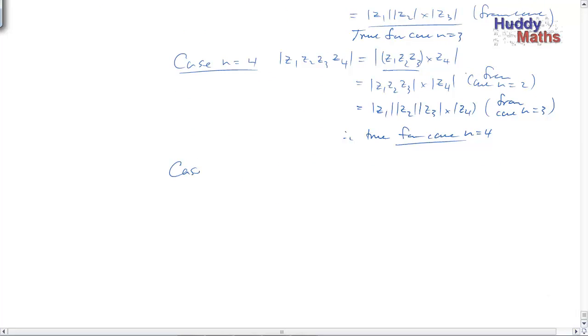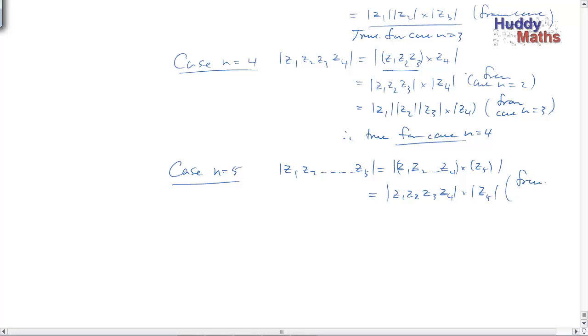We should do another inductive step. Case n equals 5. Here, Z1, Z2 up to Z5 equals again, breaking it into 2. Z1 up to Z4 times Z5, and then splitting that in the same way, exactly the same way as we did in previous steps, and labelling that from case n equals 2.